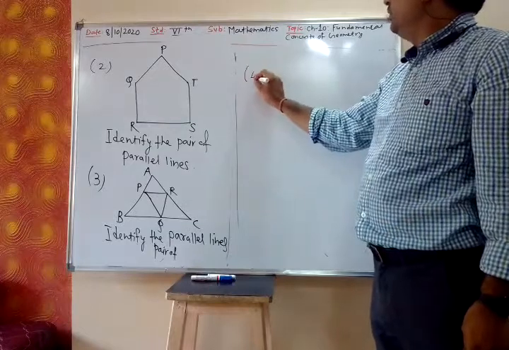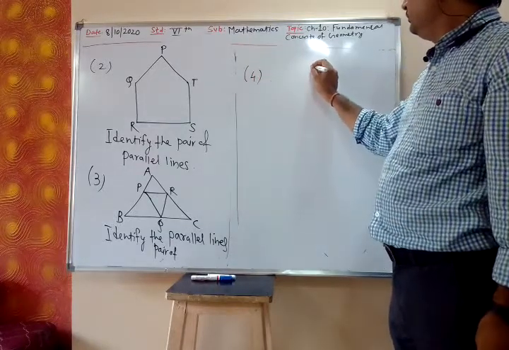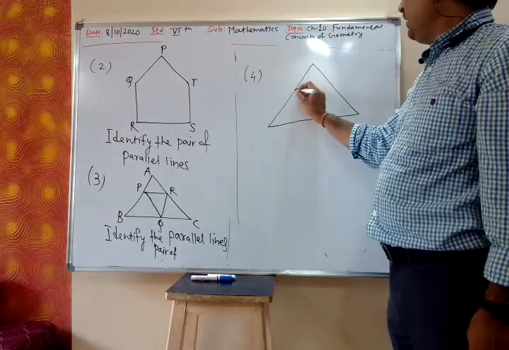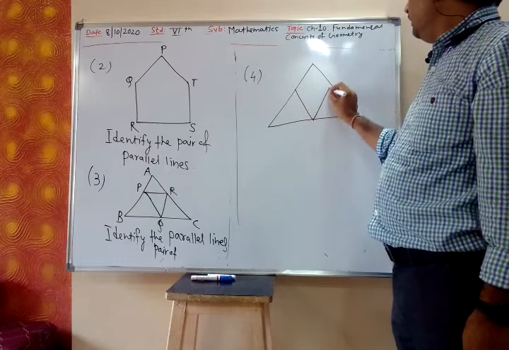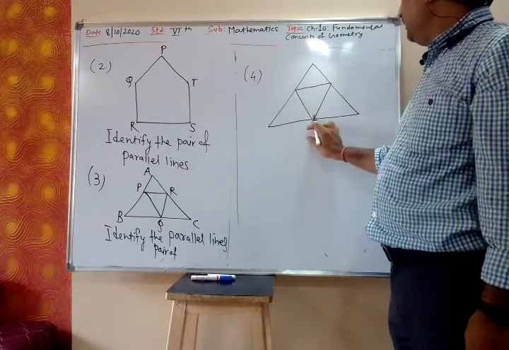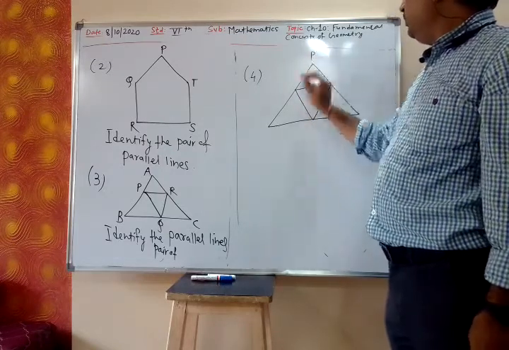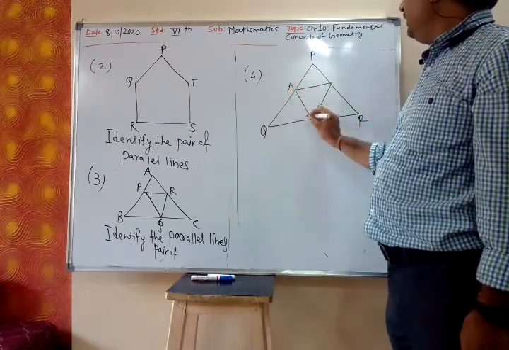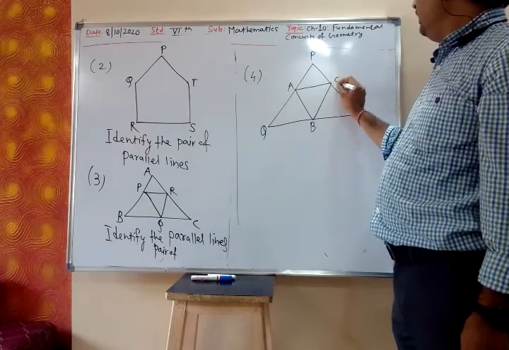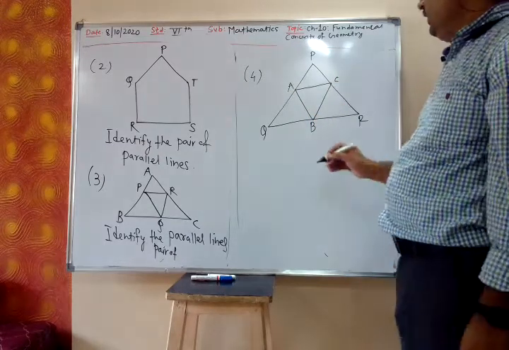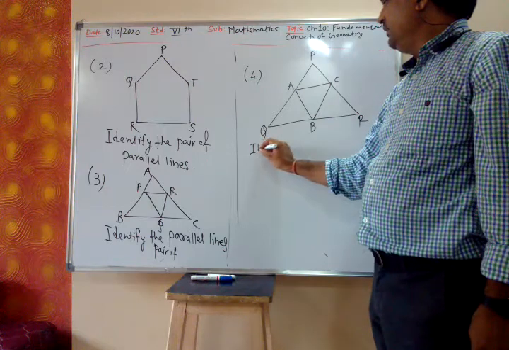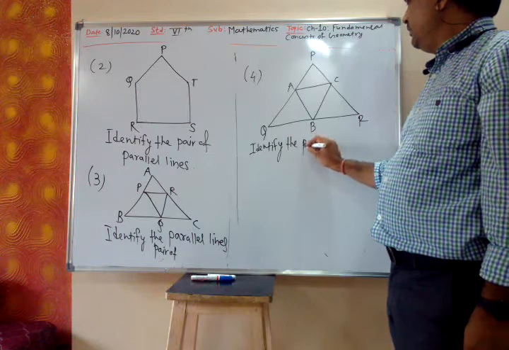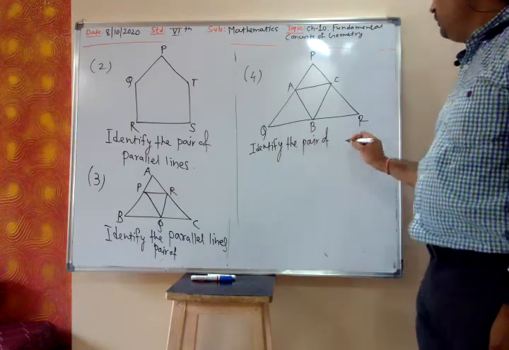Then fourth, you are given the triangle. This is my PQR. Then this is my ABC, correct? Now in this, identify the pair of collinear points.